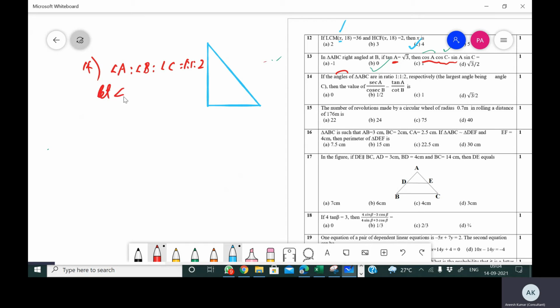Let angle A be equal to 1x, angle B again 1x, and angle C 2x.